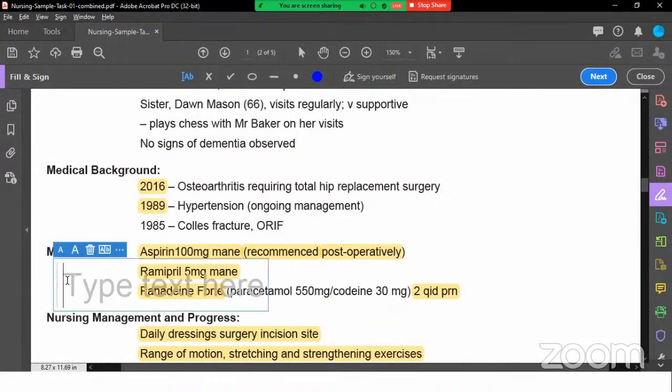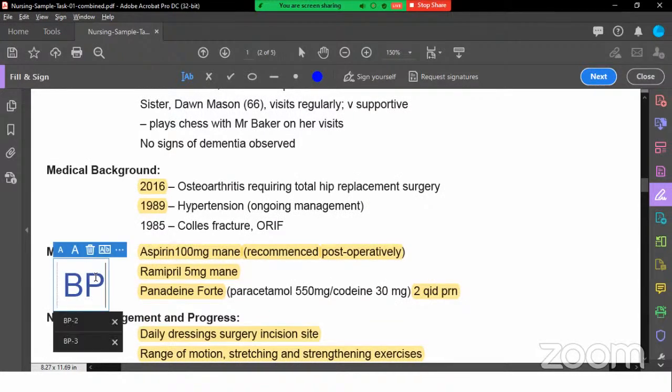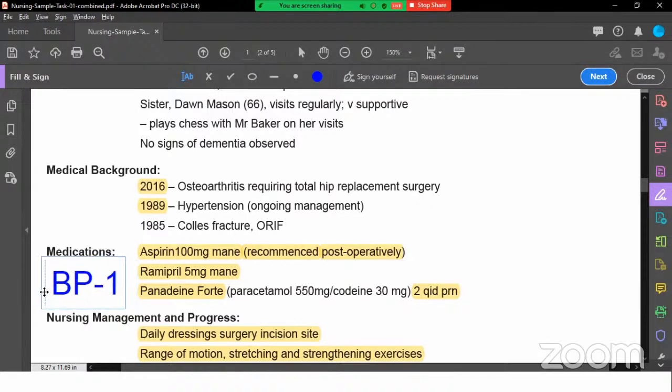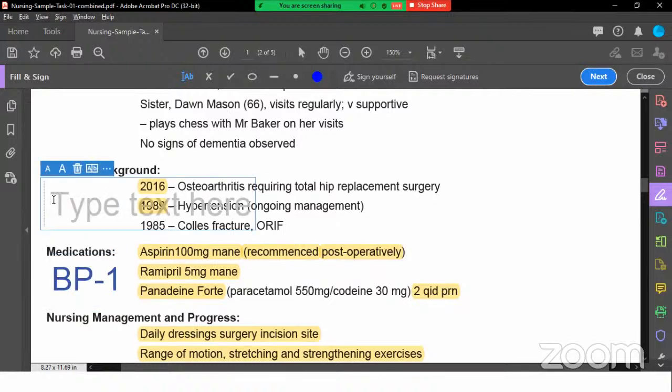Medications: body paragraph 1. His present status and other things. These medications are for these problems.